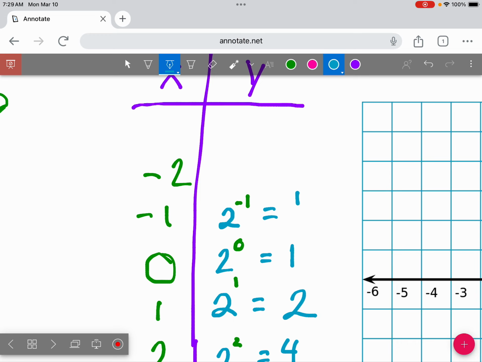That's when we get our flip, our reciprocal. So 2 to the -1 is the reciprocal of 2 to the first. So 2 to the -2 is 1/4.